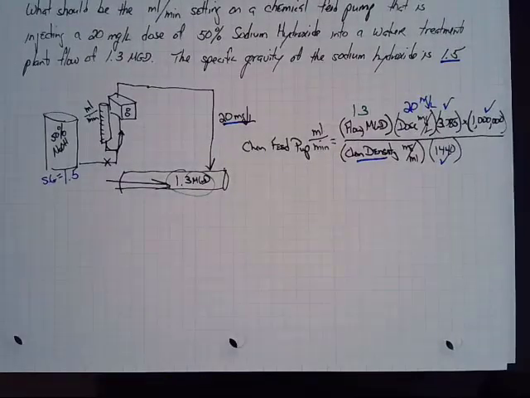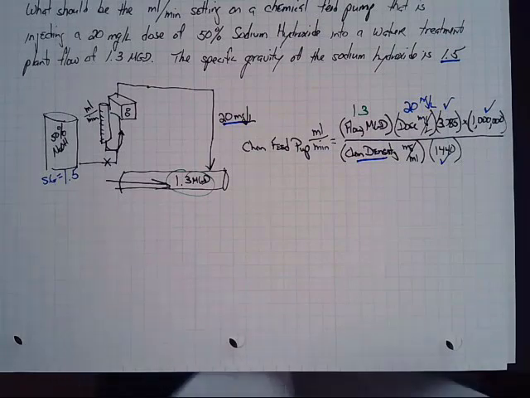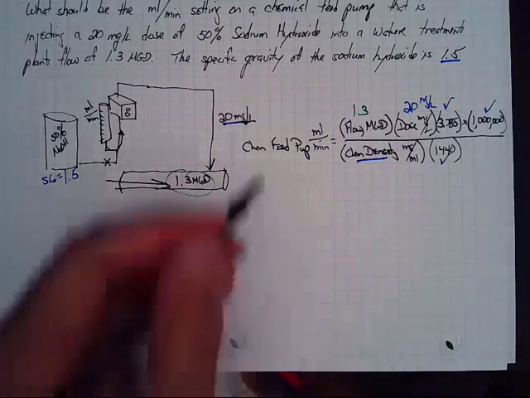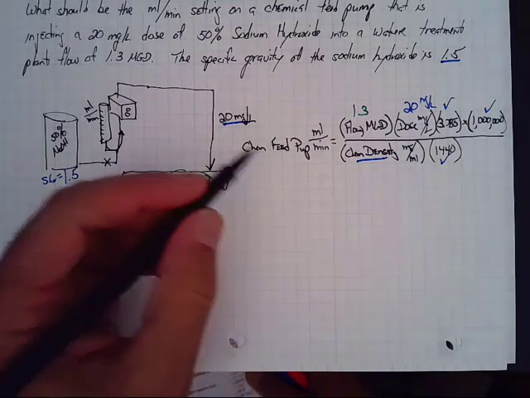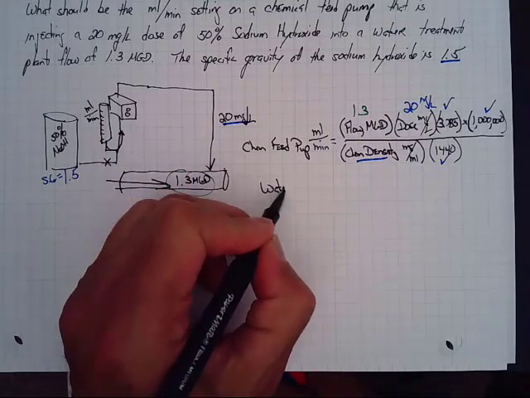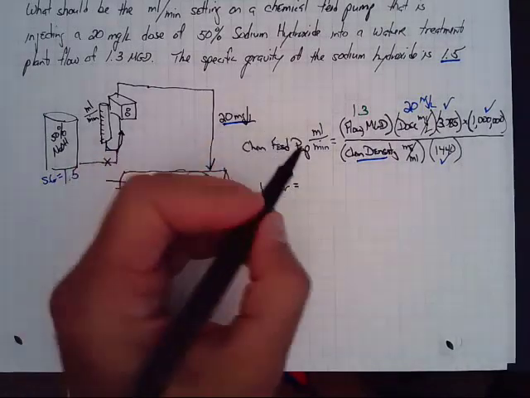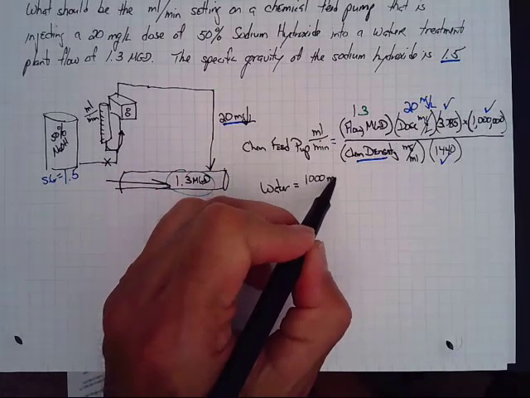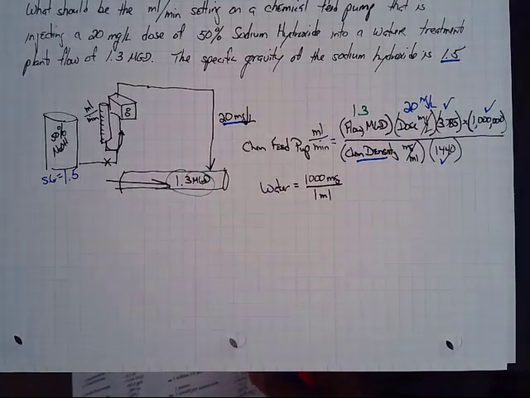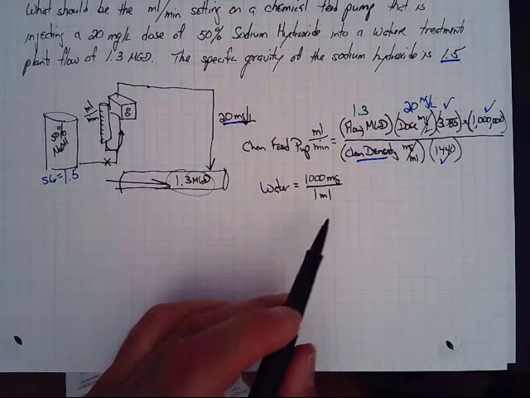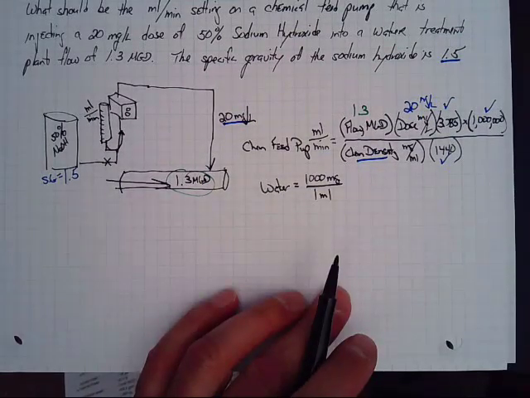But I think it might be easiest, because it's just one conversion that you would have to commit to memory, and it's one that we use fairly often: the density of water is equal to 1,000 milligrams per 1 milliliter. That means that 1 milliliter of water, if you were to put it on a scale, would weigh 1,000 milligrams, or 1 gram. And like I said, that is a good one to commit to memory.